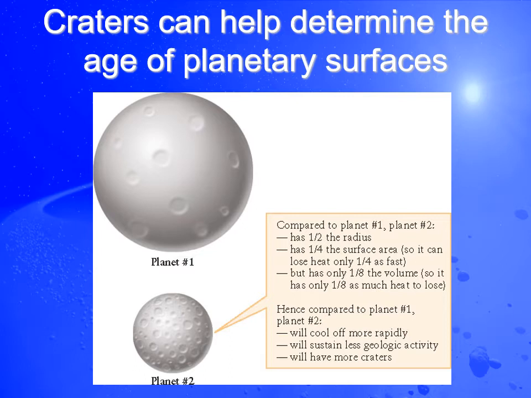One thing we almost universally notice is that small worlds have more craters than big worlds. And that's because the smaller something is, the quicker it cools off and the sooner volcanic activity stops. So the Moon and Mercury are both about the same size, and both of them are very heavily cratered.